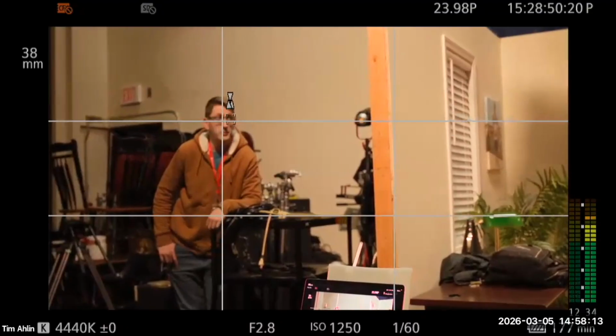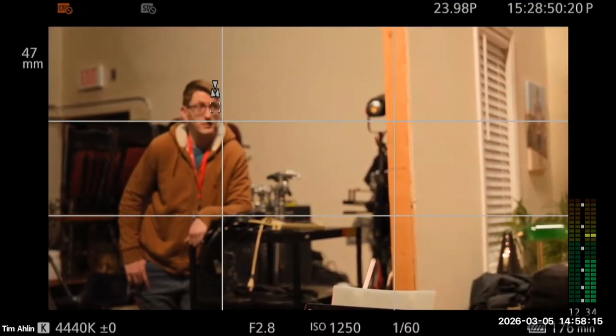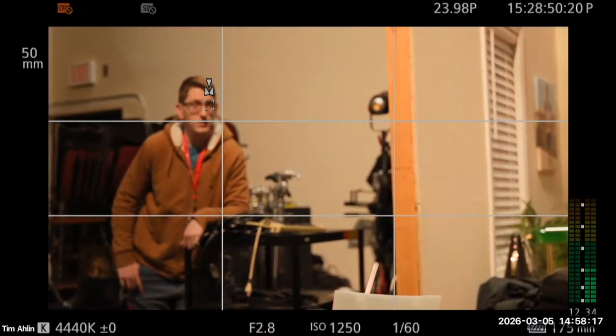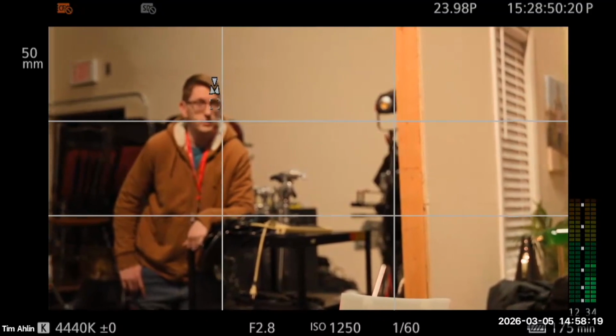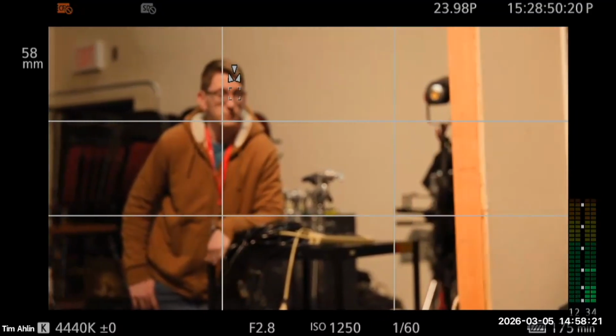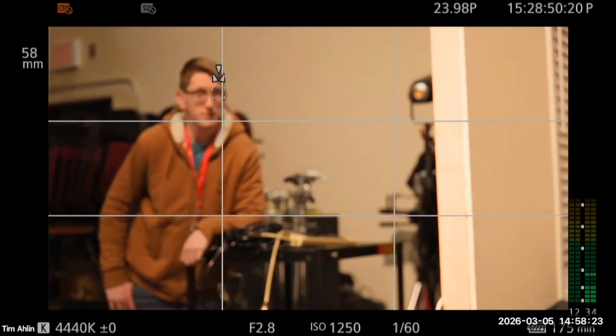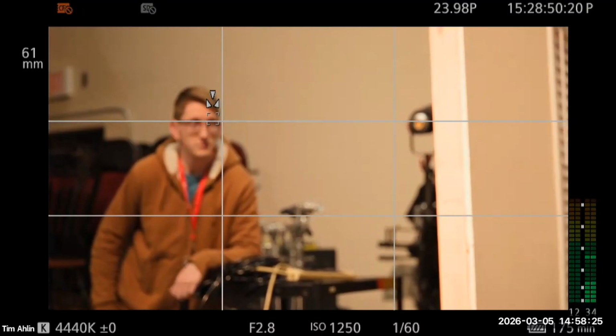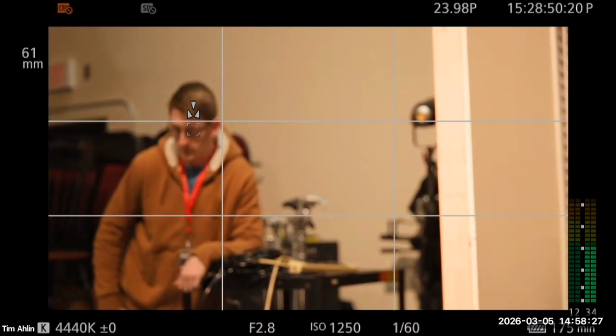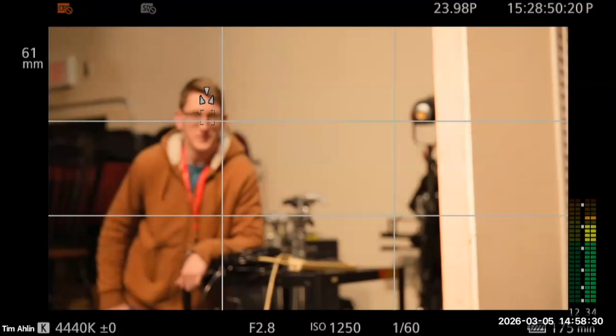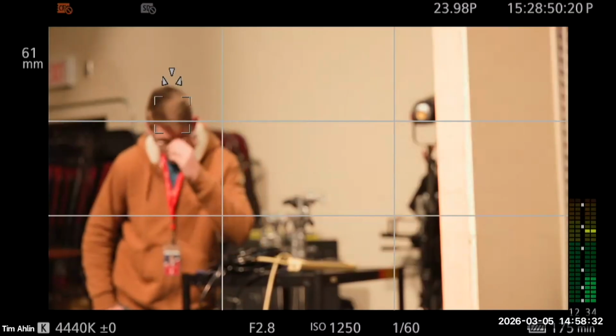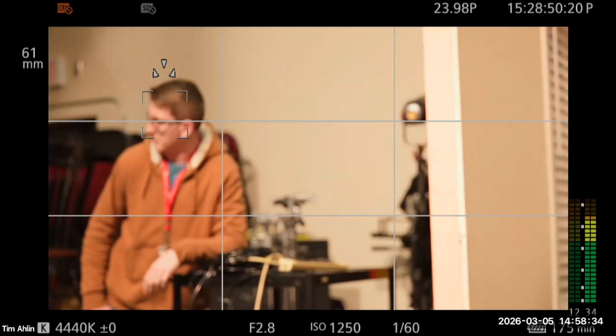We want an MCU. Medium close up. A little closer. Okay, good. And he's looking at me, so you're leading him in this direction.